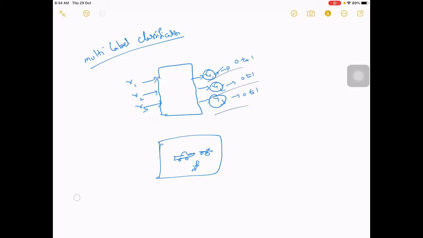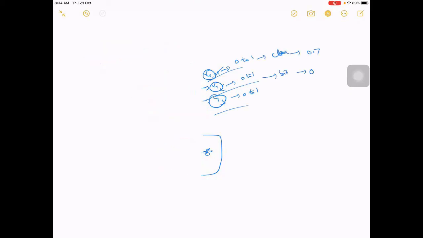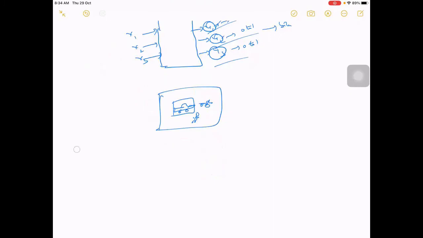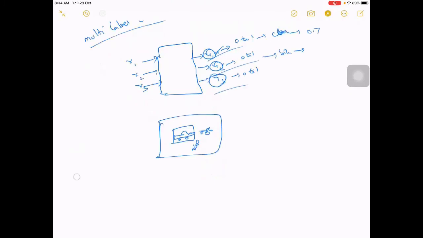So y1 will detect a car and give some probability like 0.7 or something. Similarly, bike can give some probability like 0.8, and similarly you can have a person, maybe 0.4 or something like this.